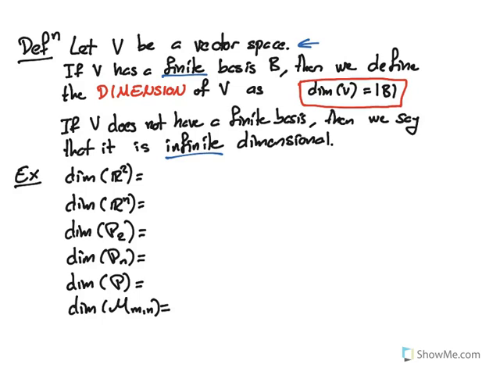There are actually all sorts of different types of infinite dimensional, but that's a topic for a different class. So let's just look at some of our examples we've already discussed in class. The dimension of R2 is 2, because you recall you have the standard basis.